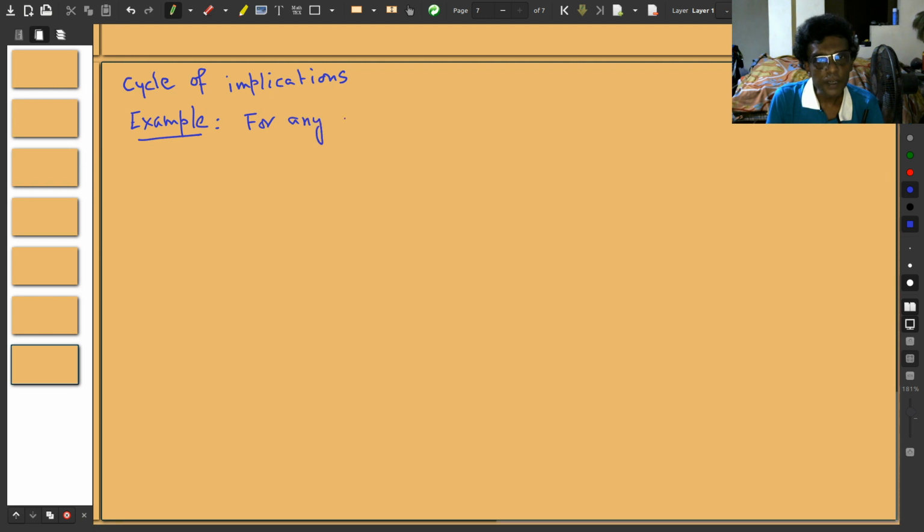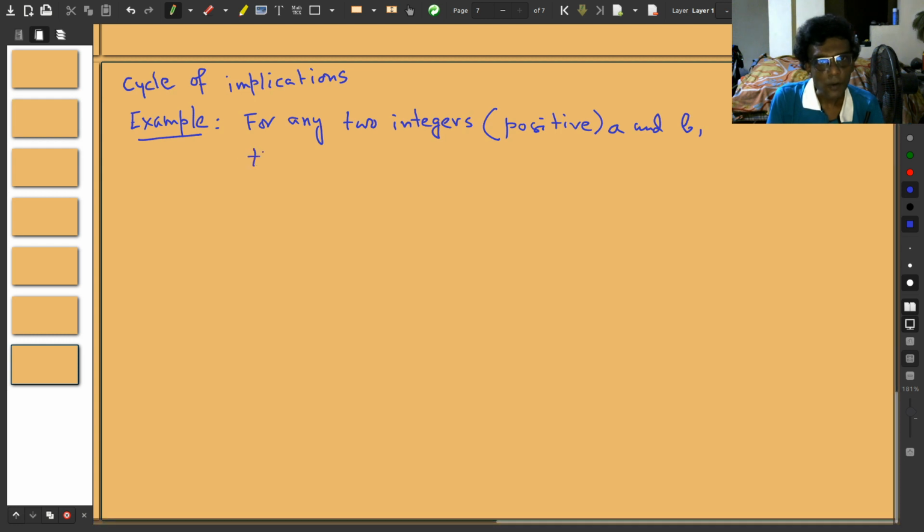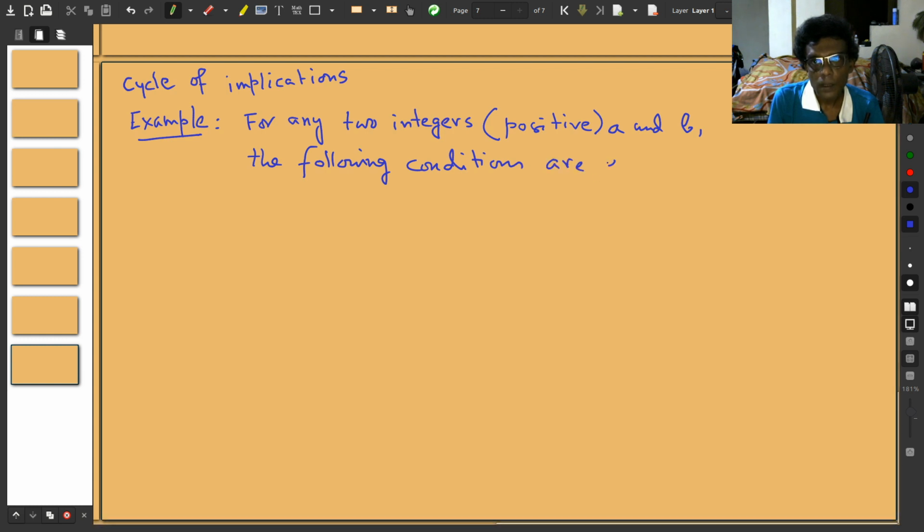For any two integers, or maybe you can say positive integers a and b, the following conditions are equivalent.